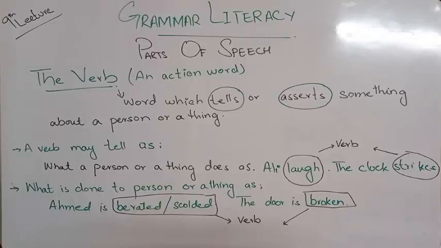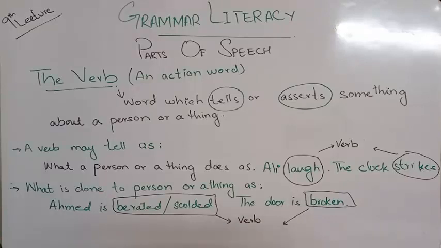So this is something done to a person or a thing, because some other person has done this to Ahmed. For example, Ali has berated Ahmed. So here berated is the verb. The next example, of a thing, is the door is broken.